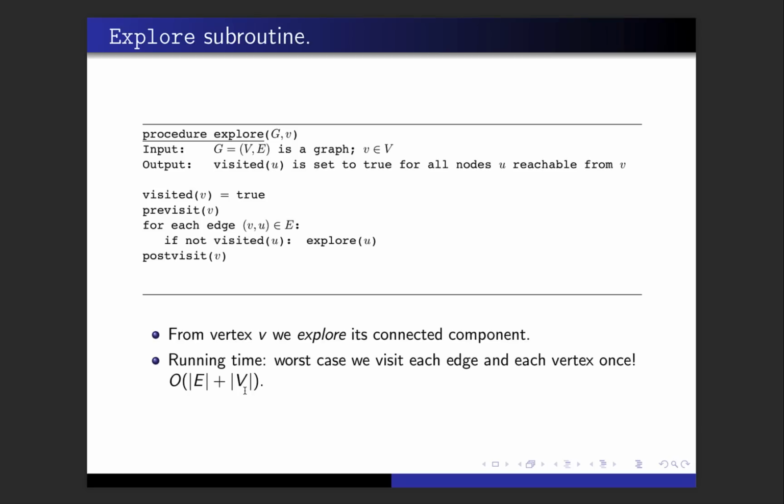Now, I hope you can agree with me that the procedure explore runs in linear time in the worst case. The worst case is that you visit every vertex in your graph, so you need to label every vertex as visited, and that gives you linear time in V, and you visit every edge exactly once, which is what I was telling you before, and that gives you also linear time in the number of edges.